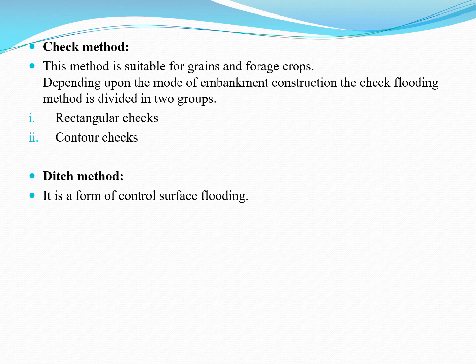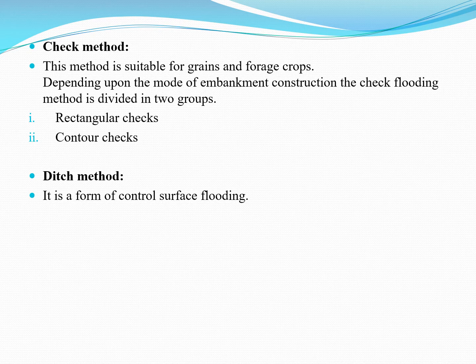And this method is best suitable for heavy soils also, because in heavy soils water absorption rates are very low. The land can be kept flooded for a longer time till sufficient water infiltrates into that ground or field, to fulfill the soil moisture deficiency.